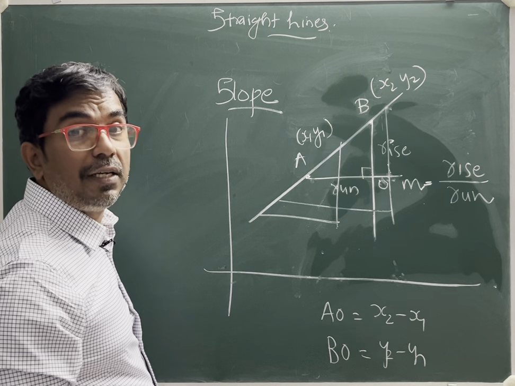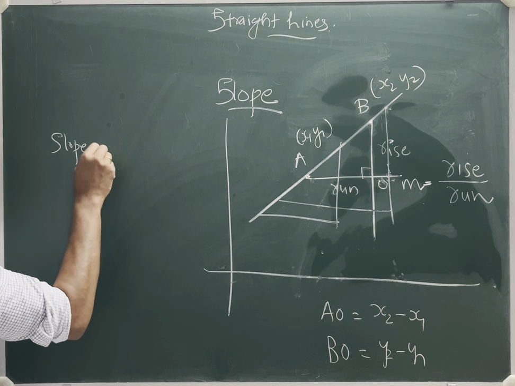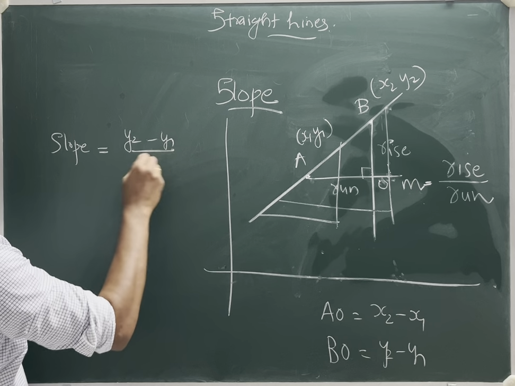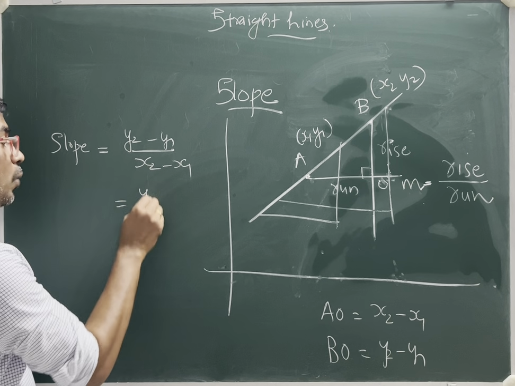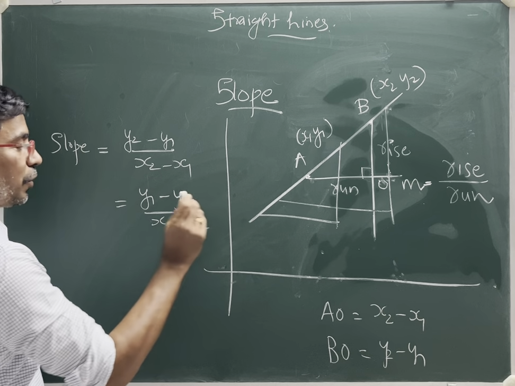So the slope, if we know 2 points, is y2 minus y1 by x2 minus x1. If you want, you can write y1 minus y2 by x1 minus x2. That's okay.